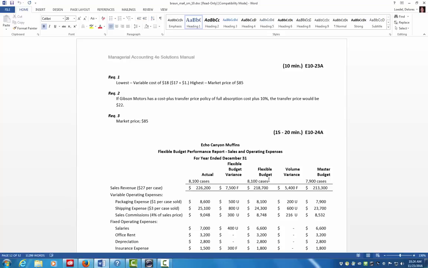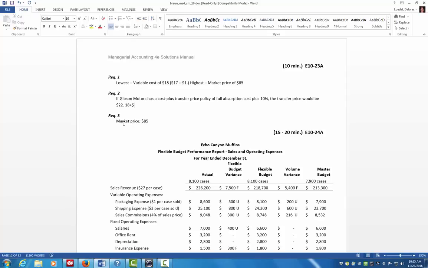The highest acceptable transfer price would actually be the market price of the tire at $85. On number 2, this one is asking you if they're using a cost plus transfer price policy of full absorption costs plus 10%, what would the transfer price be? So if we're looking at full absorption costs, then we're taking these variable costs of $18, plus the additional, I believe it was $2 of the fixed manufacturing overhead per tire.